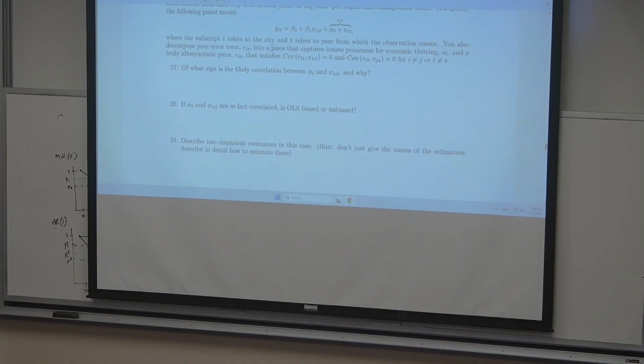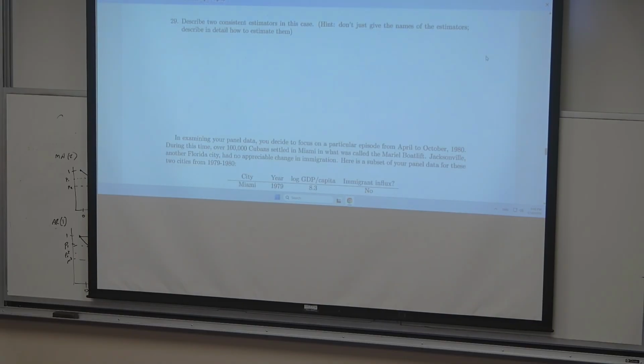And then you have a piece that captures innate proneness for economic thriving, okay? So what I said was it's probably positive because if you have a proneness for economic thriving, then that probably increases immigration and vice versa. Right. So that's what I said for that one.